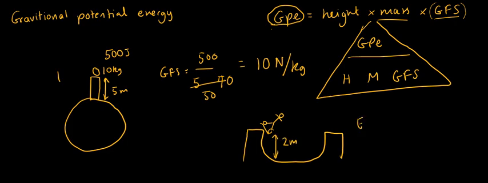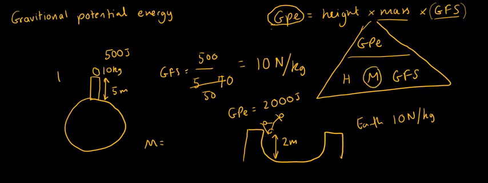This is on Earth, so I'm going to say that my gravitational field strength is 10 newtons per kilogram, just to round things up. And I am going to say that this skater has a gravitational potential energy of 2000 joules. So what I want to know is what the mass of this skater is.